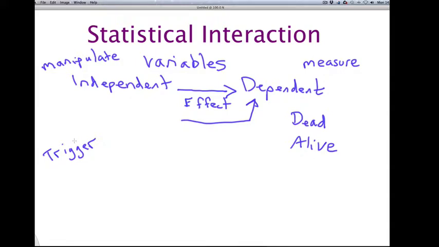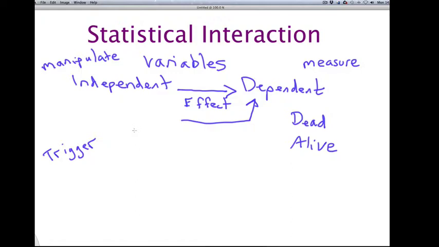Now, if you have a shotgun and you pull the trigger and the gun's pointing at somebody, if there's a shot in the gun, then you might change the state of this person from being alive to dead. But if there's no bullets in the gun, then it won't change their status. So there are two independent variables that I'm interested in.